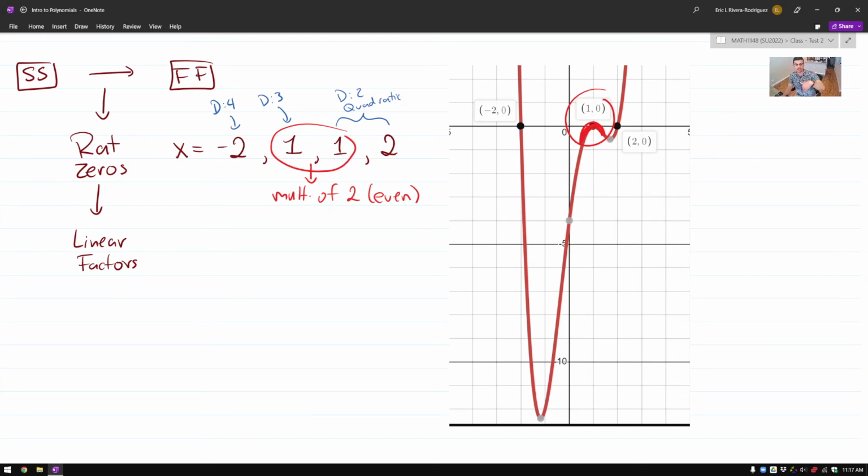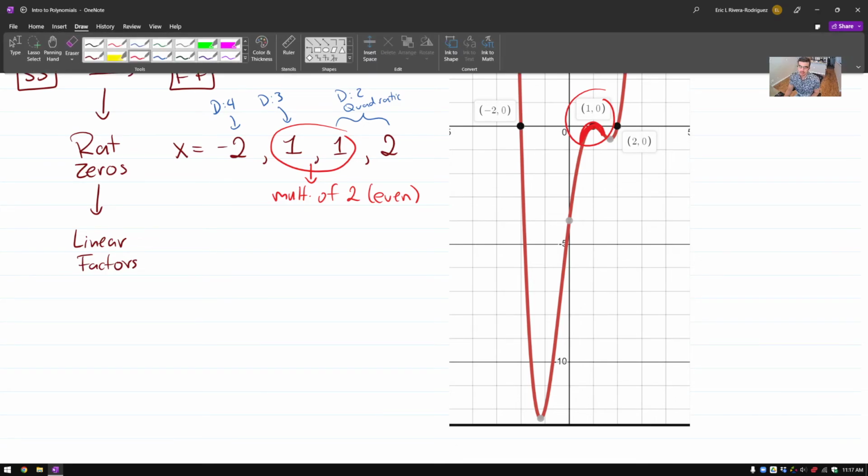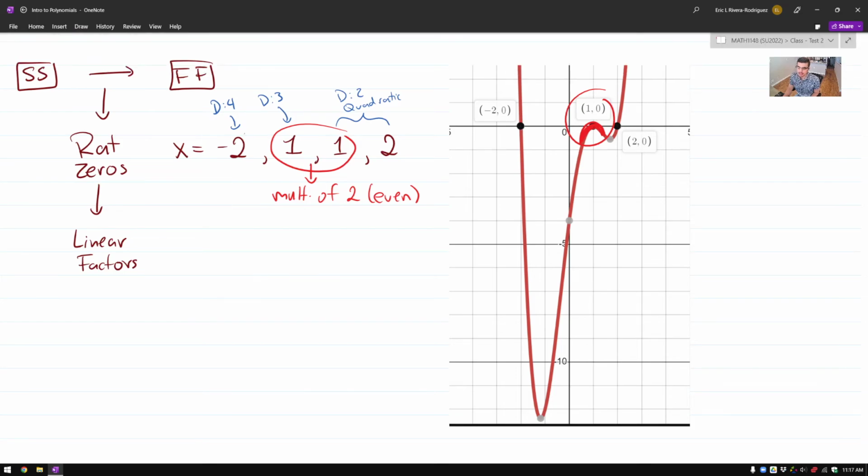It bounces. That is an even multiplicity. This other zero appeared just once, so that is an odd multiplicity, and you see that the graph crosses the x-axis. Again, this is just a preview. We are just in the introduction of polynomials. Then we will go more deeply into each detail, and it will make more sense.